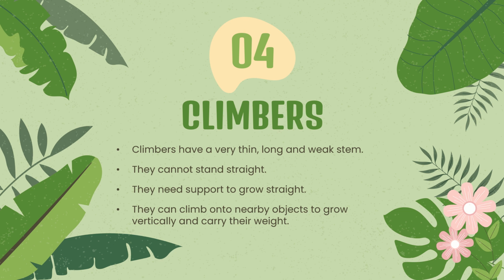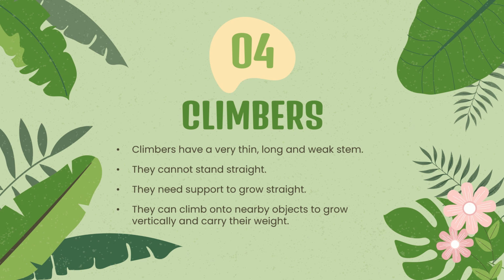So what are climbers actually? The climbers, as the name suggests, they climb on something. The type of plants which climb on something are called climbers. They need any support for them to grow. They cannot stand properly. They need support always because they have very thin, long and weak stems.